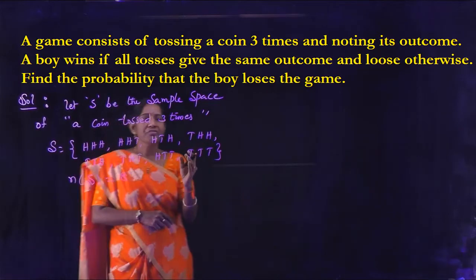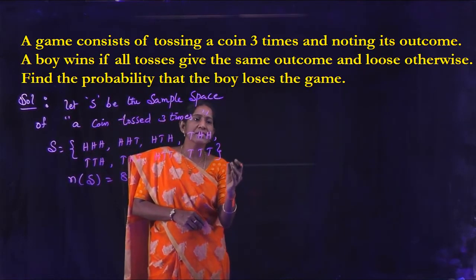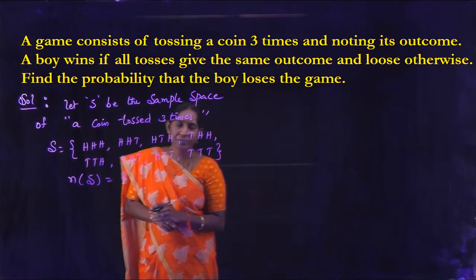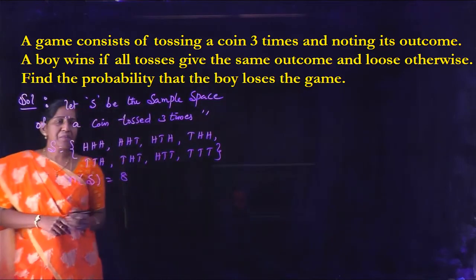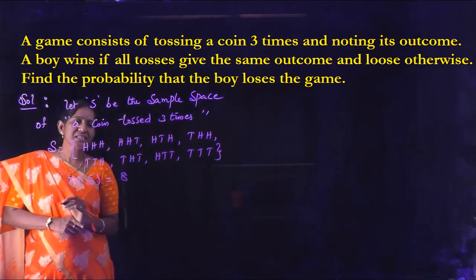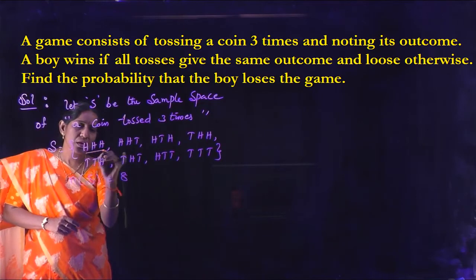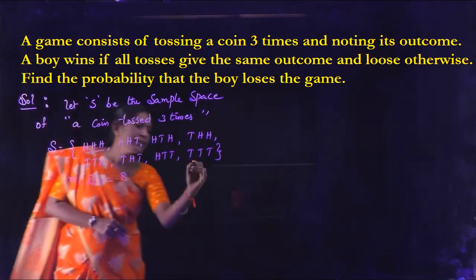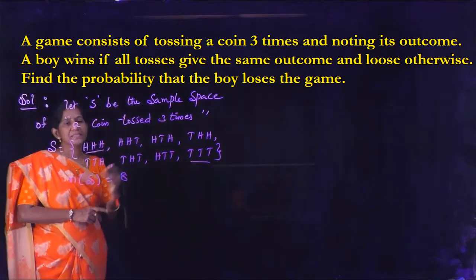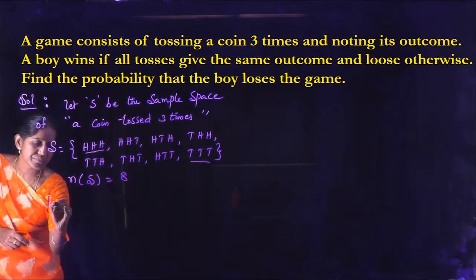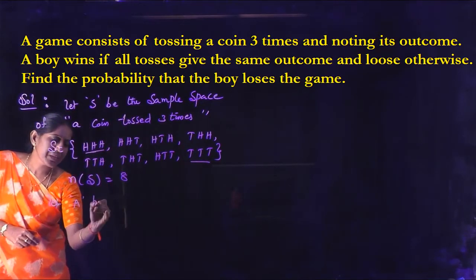A boy wins if all the tosses give the same outcome. So in this sample space, the outcomes where all the tosses give the same outcome are HHH and TTT.